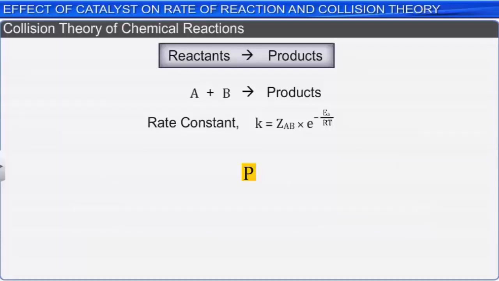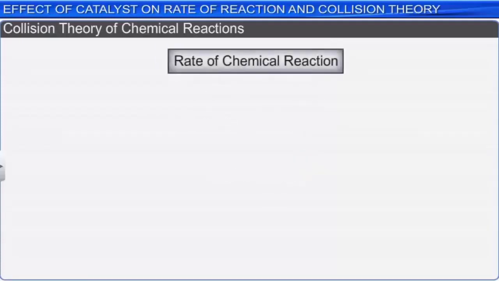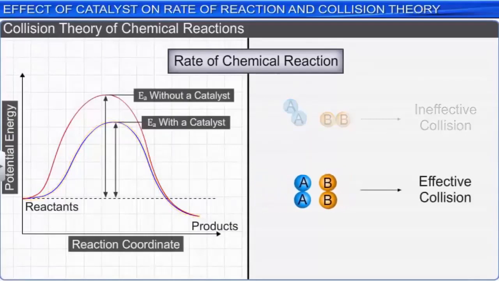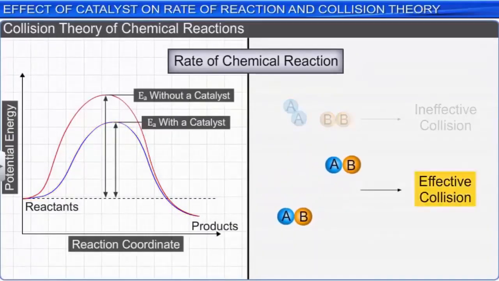Taking the steric factor into consideration, the Arrhenius equation can be modified to k = P multiplied by Z_AB multiplied by e^(-Ea/RT). Thus, in the collision theory, the activation energy and proper orientation of the molecules together determine the criteria for an effective collision, and, therefore, the rate of a chemical reaction.